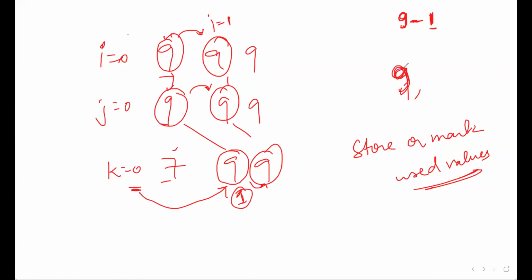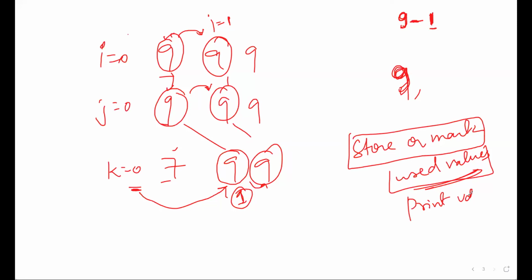So I can print values which have not occurred till now. You need to store or mark used or printed values in order to avoid repetition. Now I think the whole problem is clear: how to print values, and how to tackle repetition. Anyone have any doubt can ask before we move on to the next problem.